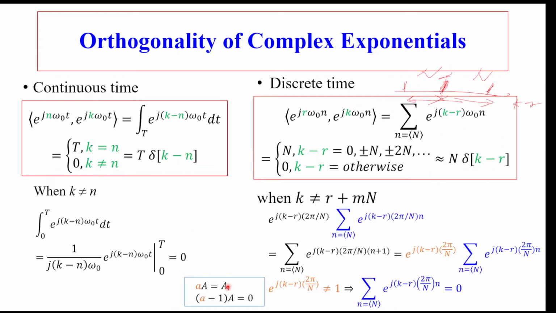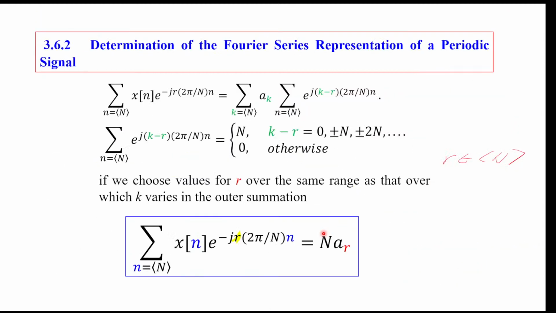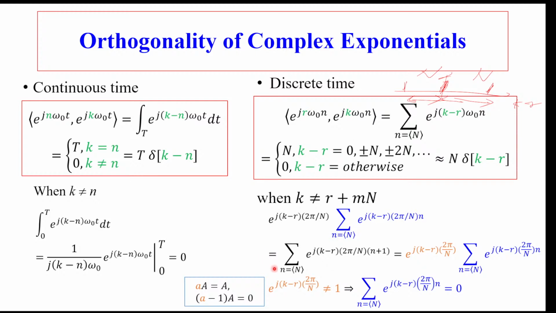Then if the summation is called A, the same A times the phase value equals this thing times the phase value. Moving things around, you see this phase value small a times minus 1 times your big A equals 0. But you know your small a is not 0: e to the small a is e to the jk minus omega naught, so this first term is not 0, and you know the second term is 0.